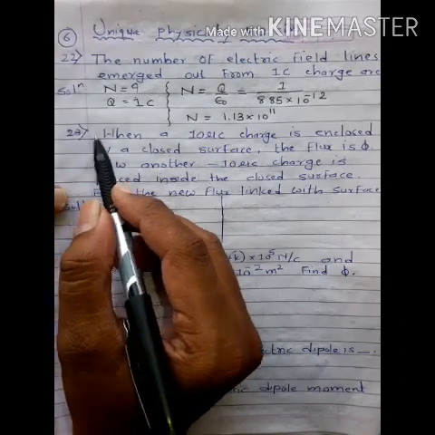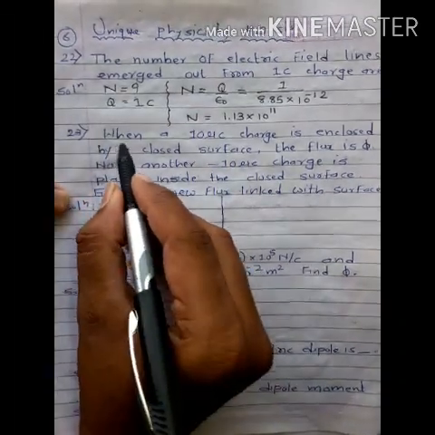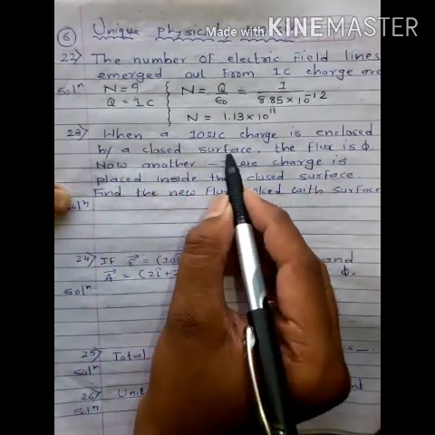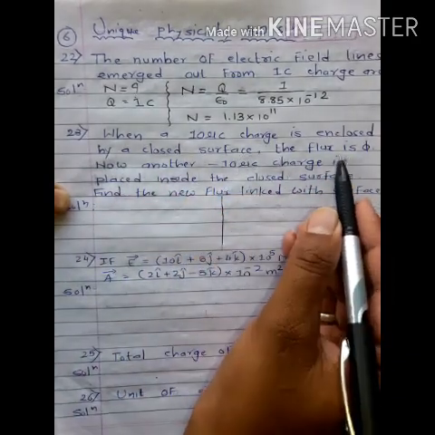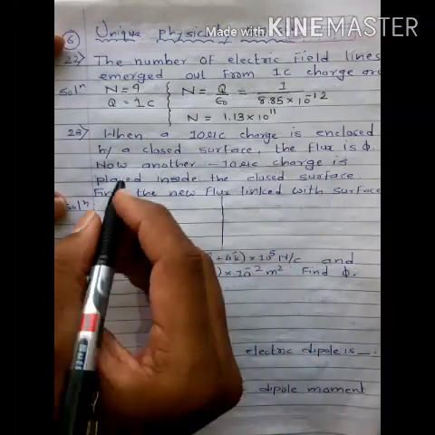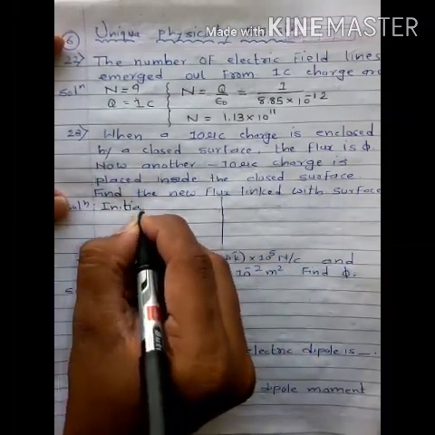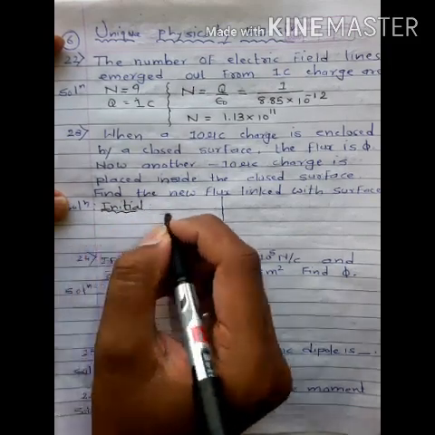Next, MCQ number 23. When a 10 microcoulomb charge is enclosed by a closed surface, the flux is phi. So this is our initial situation, our initial condition.